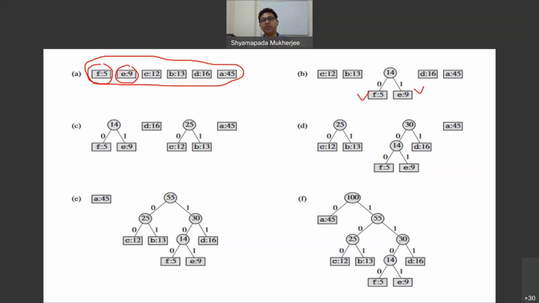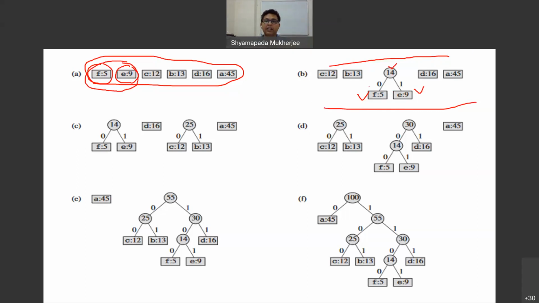Then we get the sum of the two values 5 and 9, so we get 14. This is inserted into the priority queue again, and the elements are sorted again. After inserting this one, it is reshuffled and we get this order of the characters.